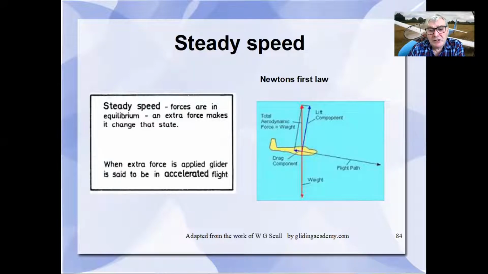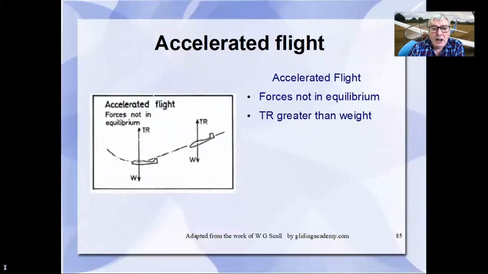If we want to change that situation, then we will need an extra force to be applied somewhere to the glider to change it. When we do that, we now call that accelerated flight. And there the forces are not in equilibrium.